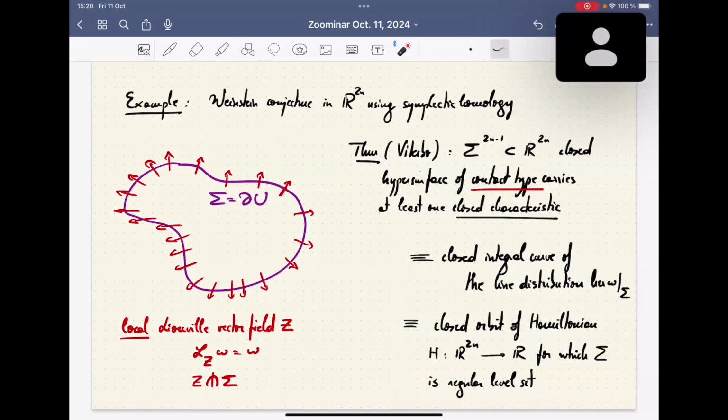So what does contact type mean? It means that we have locally near the hypersurface a Liouville vector field, meaning a symplectically conformal vector field that's also transverse to the hypersurface. This assumption actually implies that the whole neighborhood of the hypersurface is foliated by hypersurfaces on which the dynamics is conjugated to the one on sigma itself.